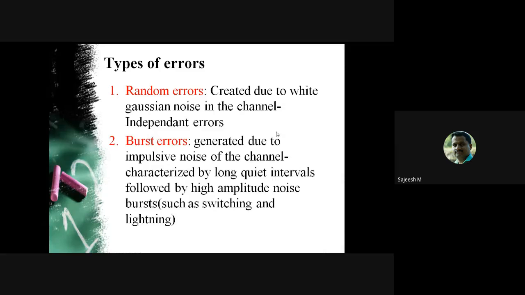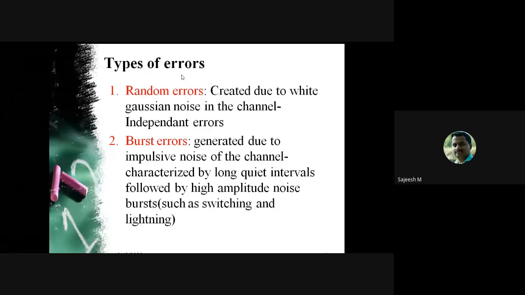And one more example I have not included in this slide. That is an example for error detection, parity check coding. You are familiar with that. It can be used for error detection.